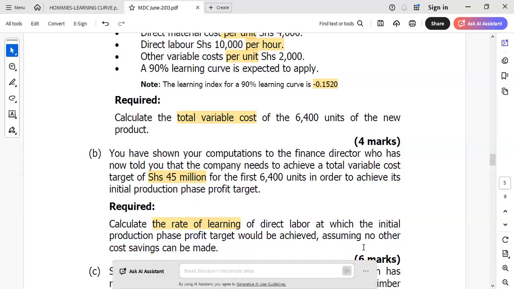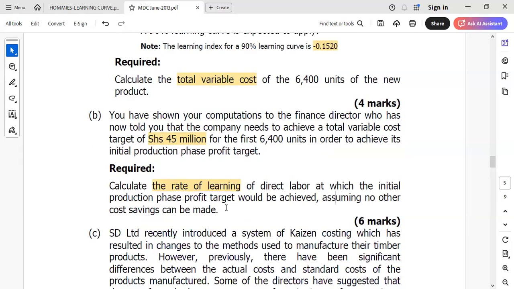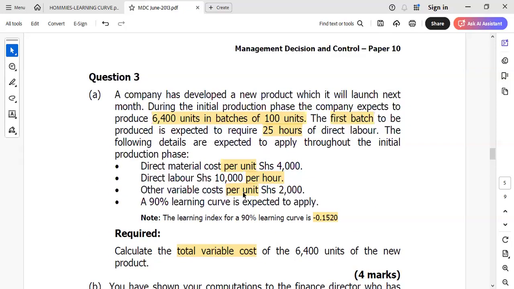That's why we maintained them. No other cost saving can be made. That's why we maintained material costs and other variable costs the same. So how can we get R?